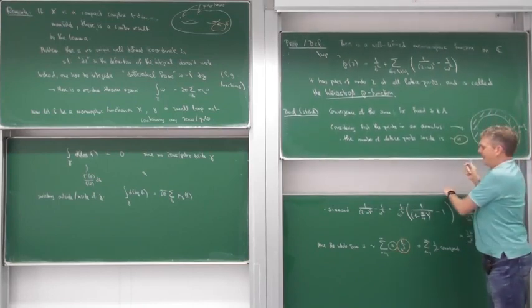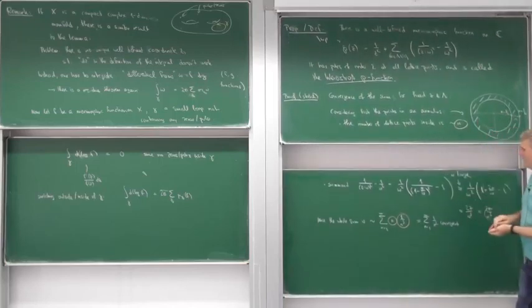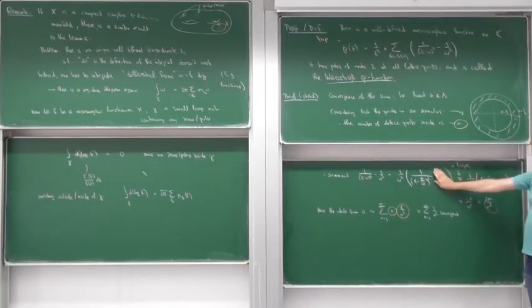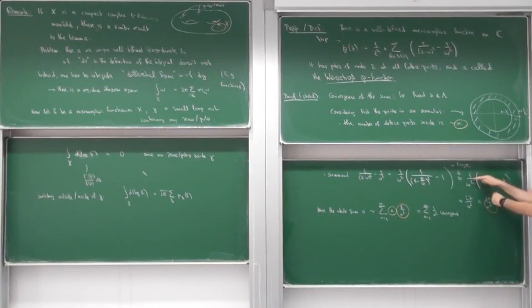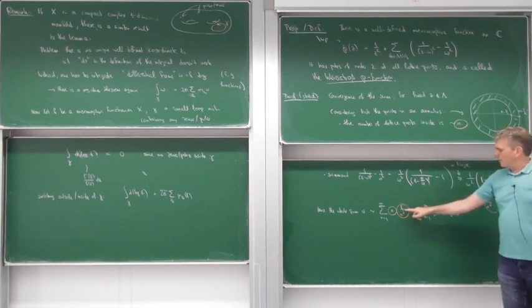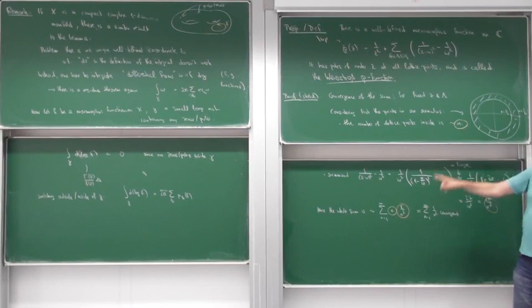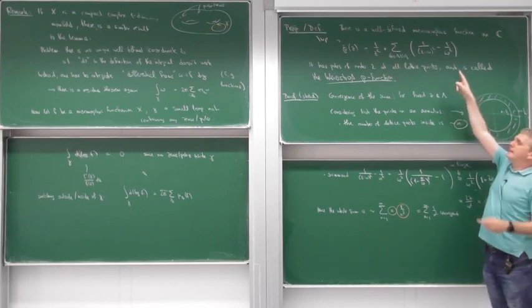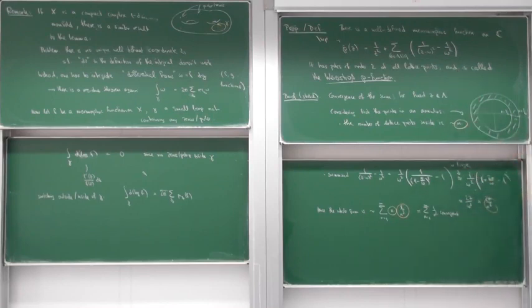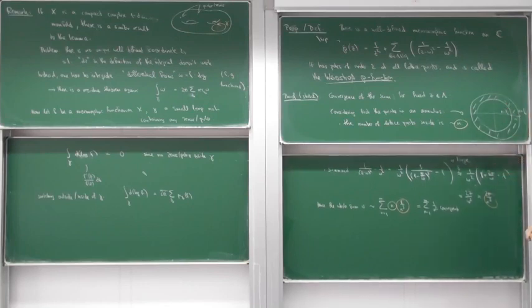But the reason for that is that without this, this wouldn't cancel, and this would go like 1 over omega squared. And then we had an n times 1 over n squared, which is 1 over n, and that diverges. So that thing here in the back doesn't change the function up to a constant, but the function wouldn't be well defined if we hadn't it there, because then the sum would not converge.